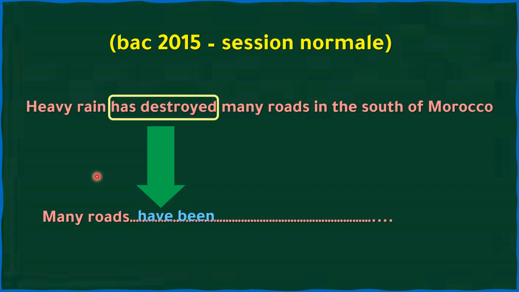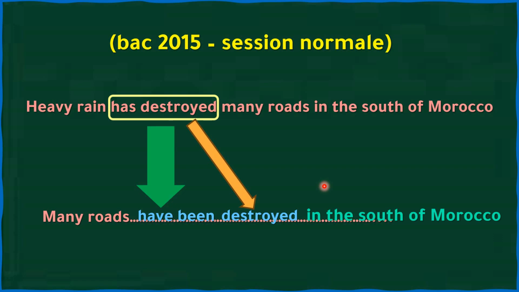And what is the past participle of the verb to destroy? Destroyed. So: have been destroyed. This is the passive form of has destroyed, in the south of Morocco.